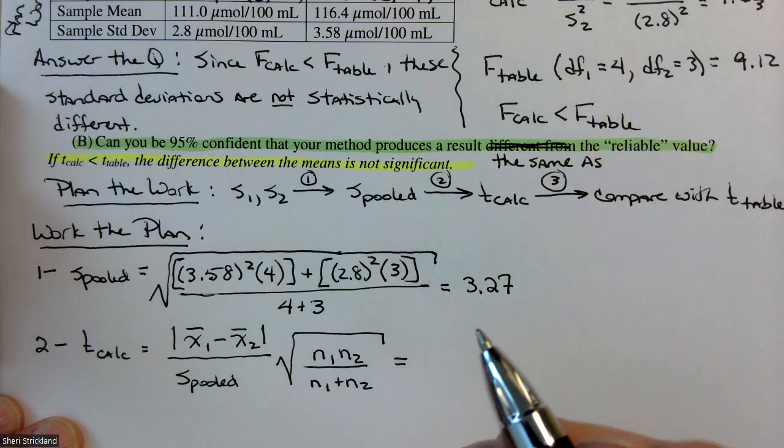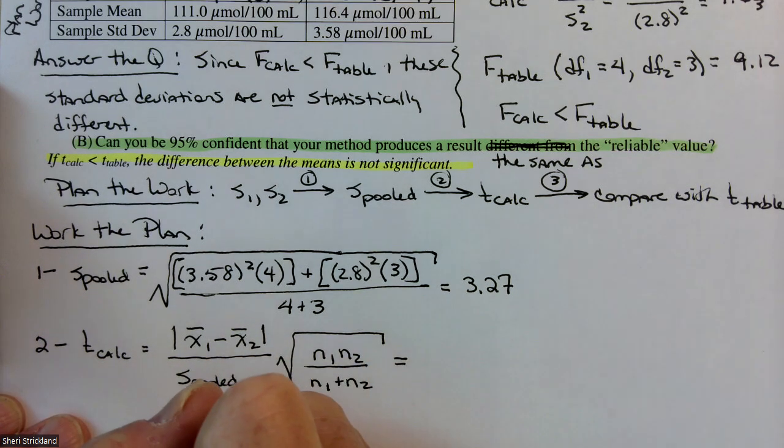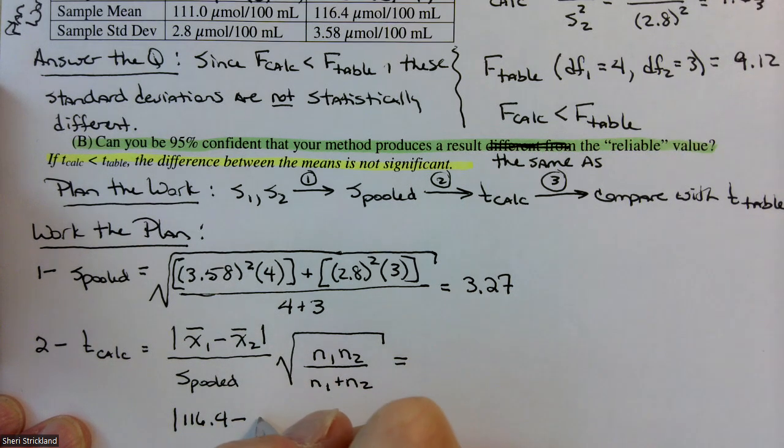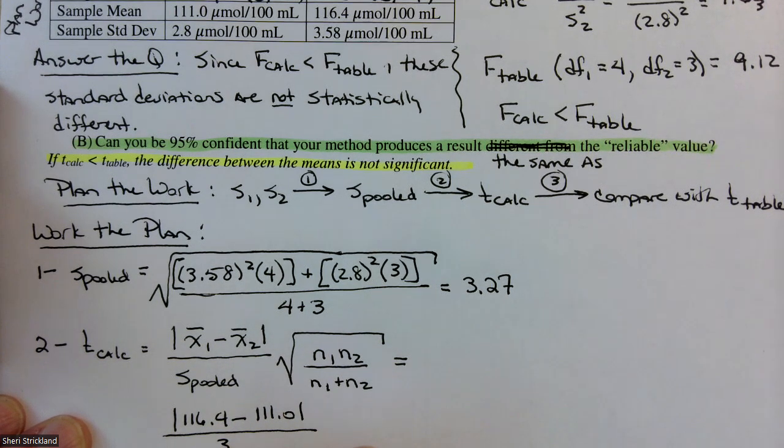All right, welcome back. So we got 116.4 minus 111 divided by this 3.27. Let's give it some brackets here.